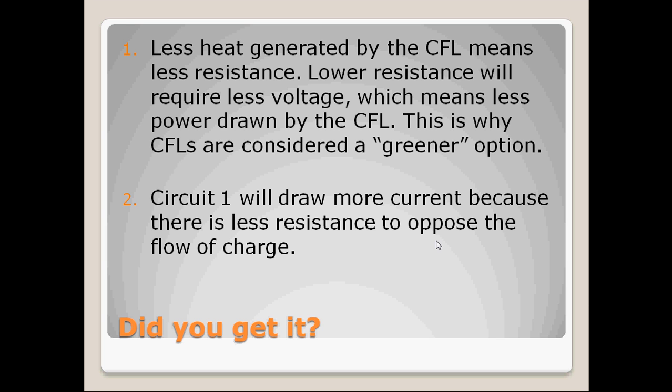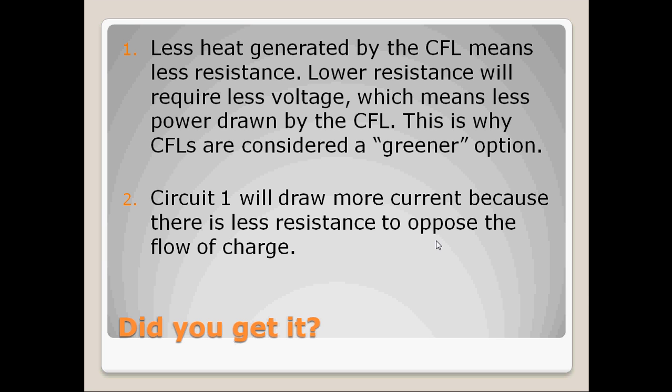Now, the fact that it's got lower resistance means that we don't require the same amount of voltage between the 2 points on the light bulb where the current is passing through. Now, having less voltage and equal current means that there's less power overall drawn by the compact fluorescent light bulb, which means that there's less energy being drawn out per second.